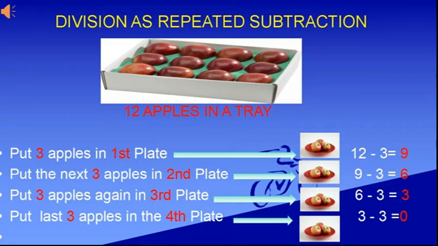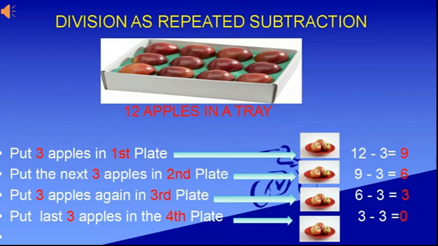Let us again take out another set of 3 apples in the third plate. 6 minus 3 is equal to 3. Now only 3 apples are left in the tray. Let's put these last 3 apples in the fourth plate. 3 minus 3 equal to 0. Now no more apples are left in the tray.